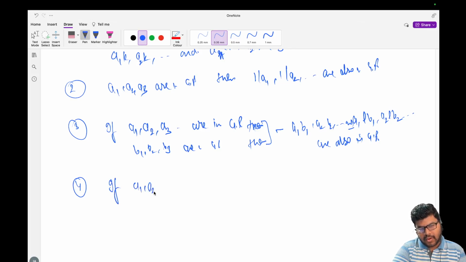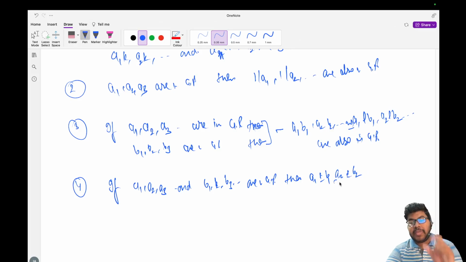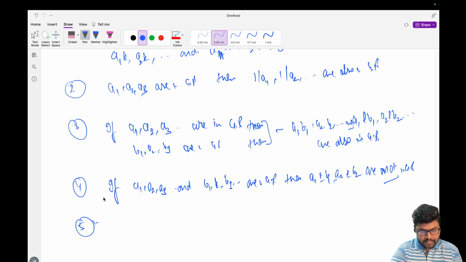If a1, a2, a3 and b1, b2, b3 are in GP, then a1 plus minus b1, a2 plus minus b2, look, in the case of AP, children, this term a1 plus minus b1, a2 plus minus b2 was in AP if a1, b1 are in AP, right? But here these terms are not in GP, right?